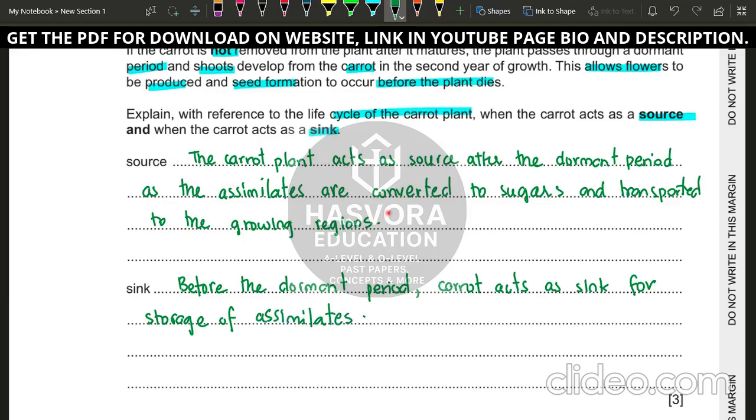So it is used as a storage site before the dormant period, when it is actually behaving as a root. So that is when it is actually behaving as a sink.